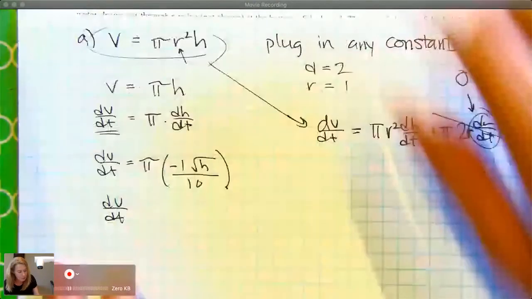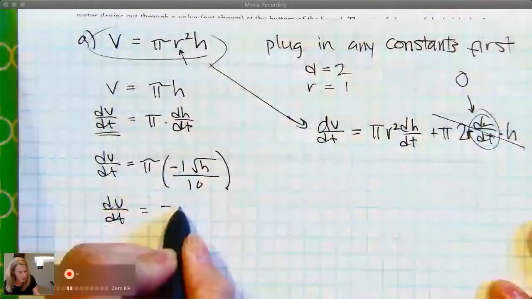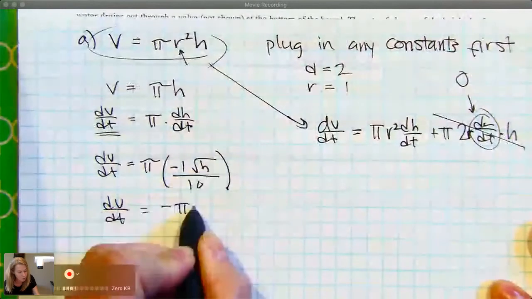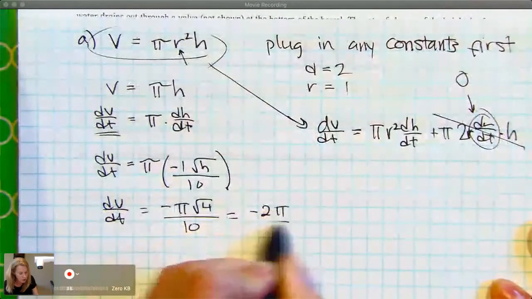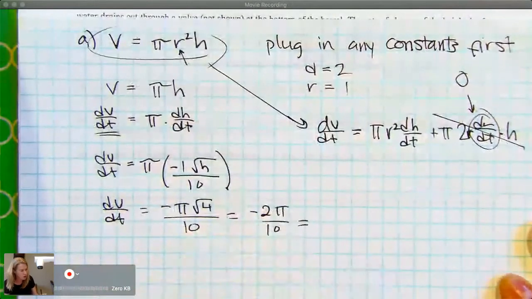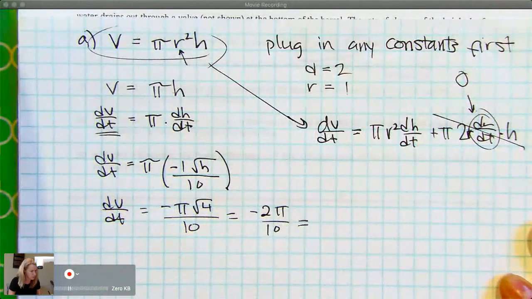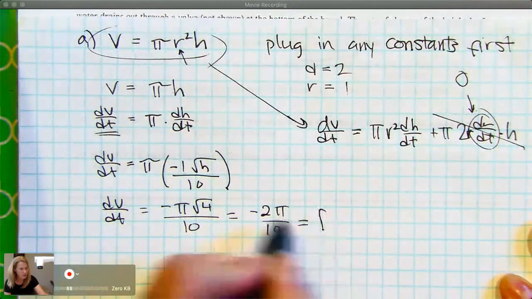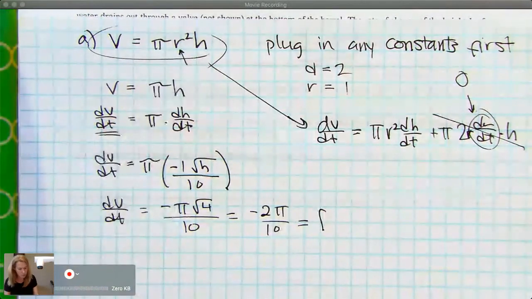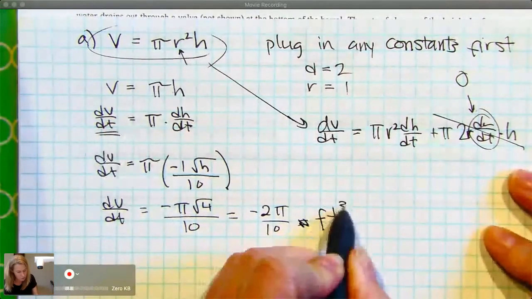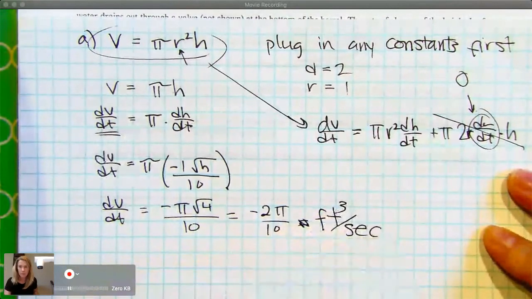We're going to get negative pi times square root of 4 over 10, which of course is negative 2 pi over 10, and that is going to be in feet cubed per second.